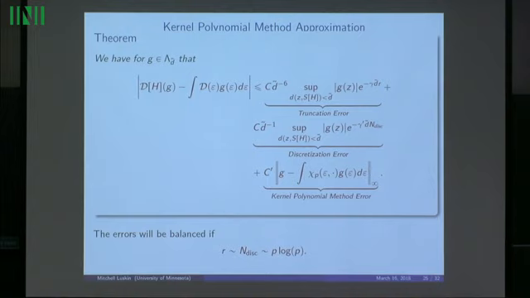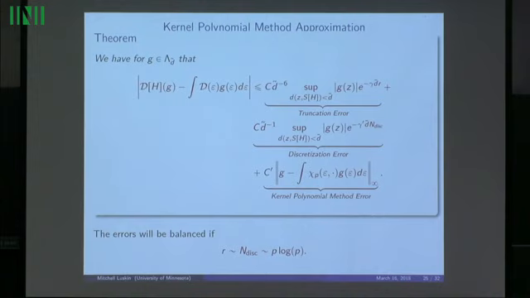Optimizing your method means you have several parameters. Here we have r, the cutoff radius, N, the number of discretization points, and P, the order of the kernel polynomial method. You say, I want to optimize my method, and you can set it up as a real optimization problem, which is what we did.